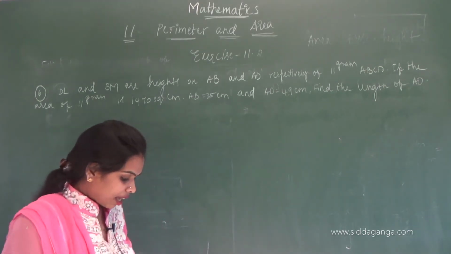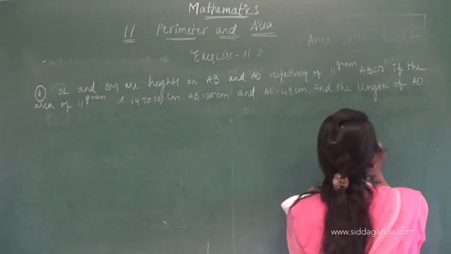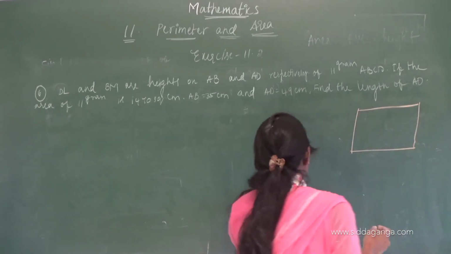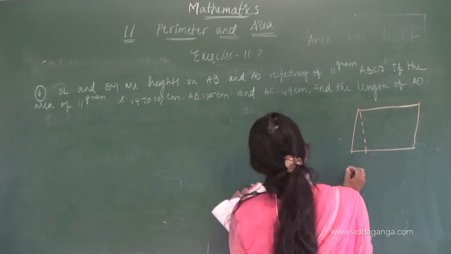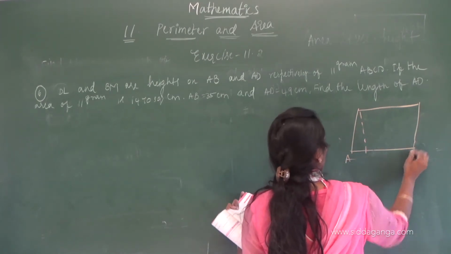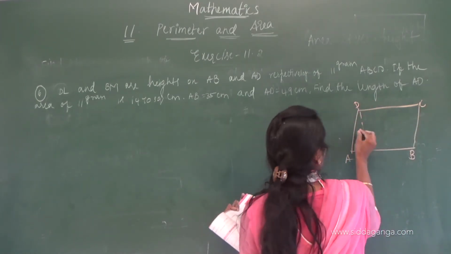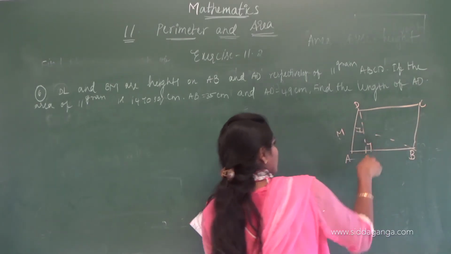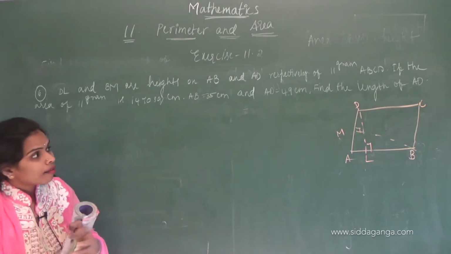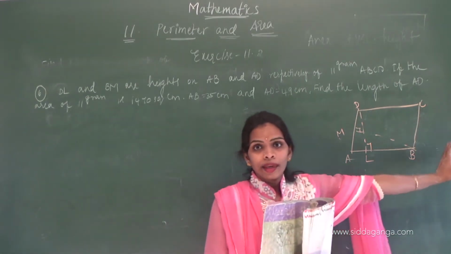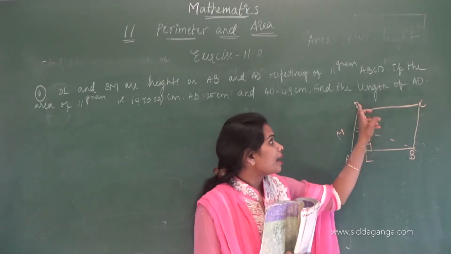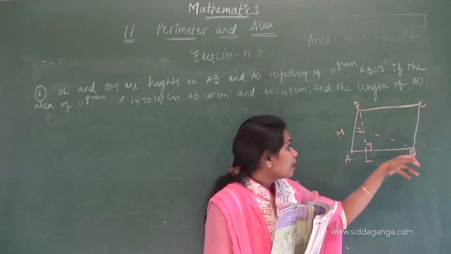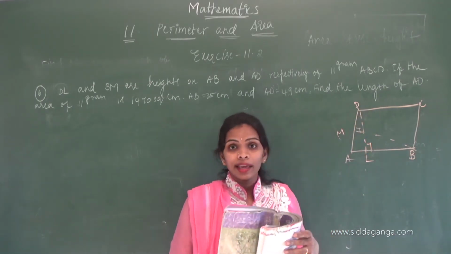One parallelogram they have given, that is A, B, C, D. Here they have given one parallelogram ABCD, the perpendicular height DL regarding AB and BM regarding DA or AD.